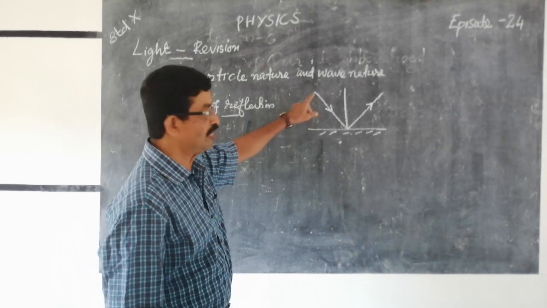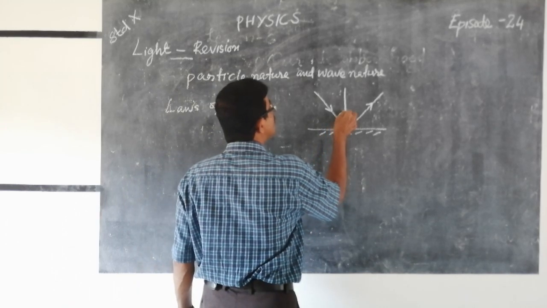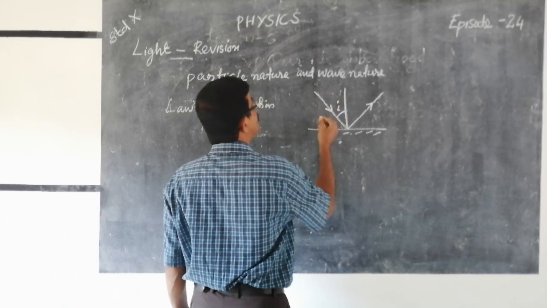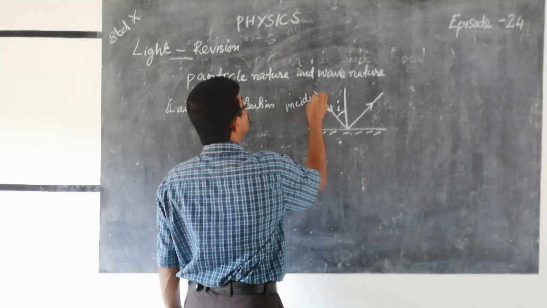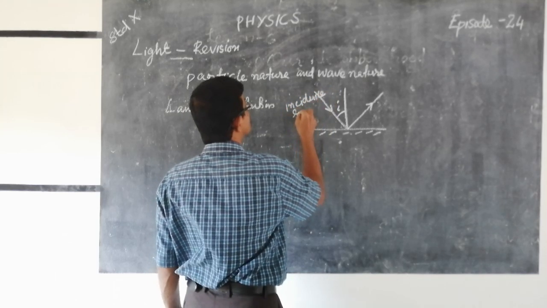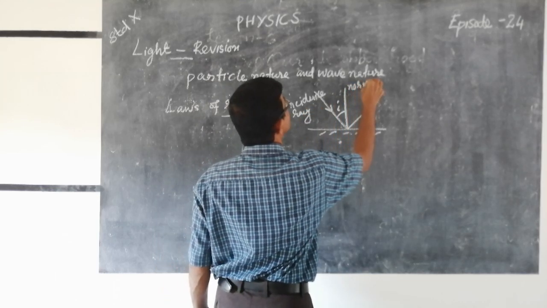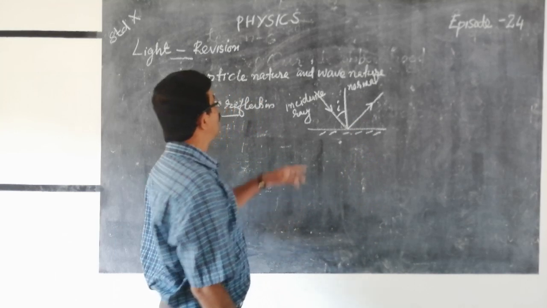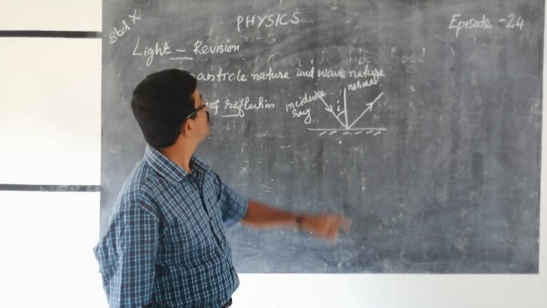Now you want to remember the two laws. This is the angle of incidence, that is the angle between the incident ray and normal.